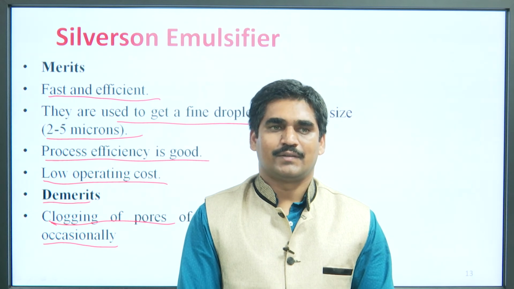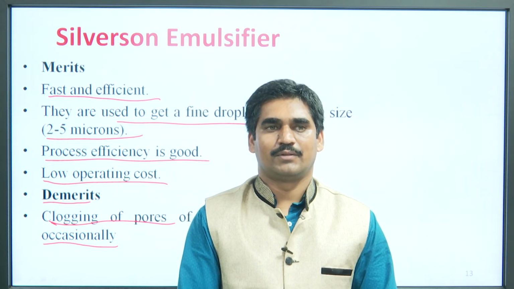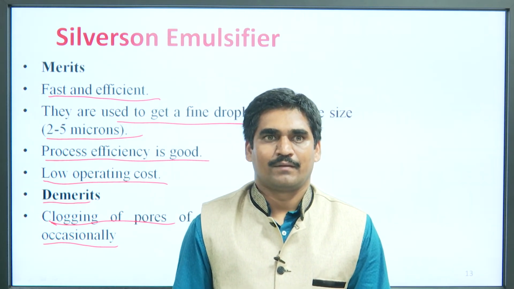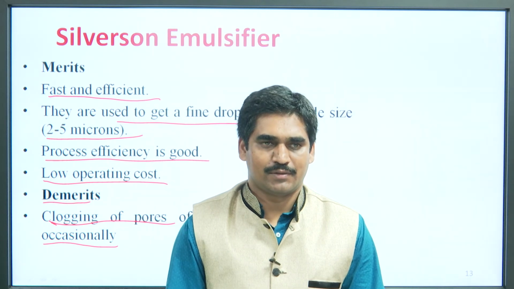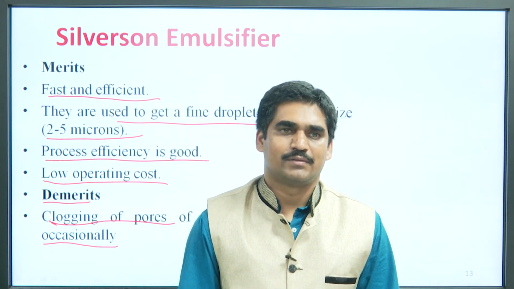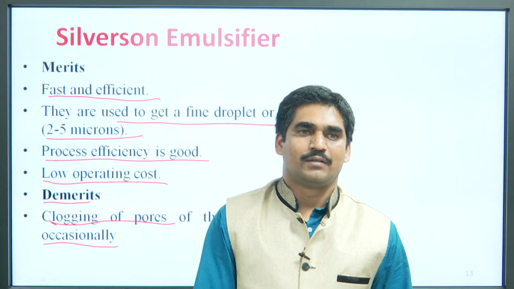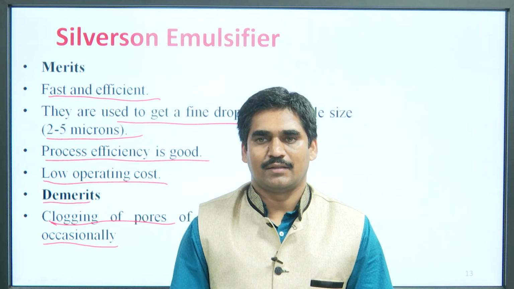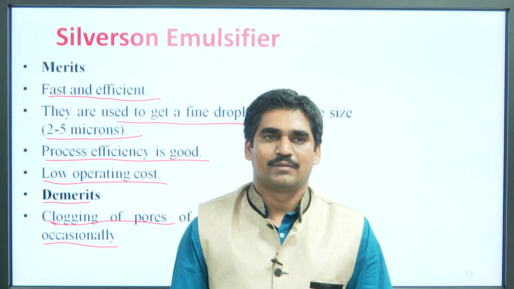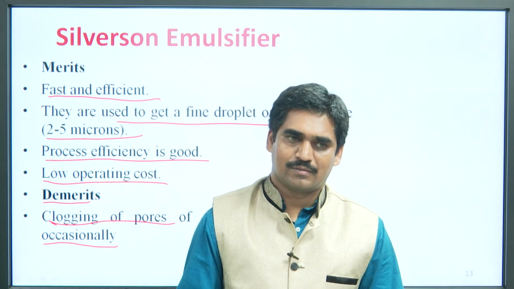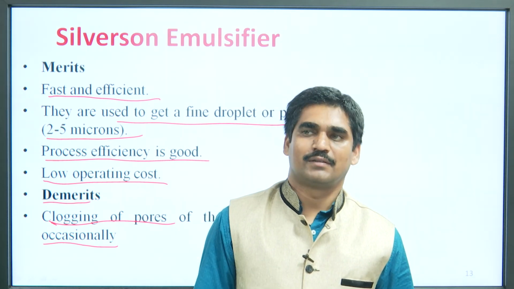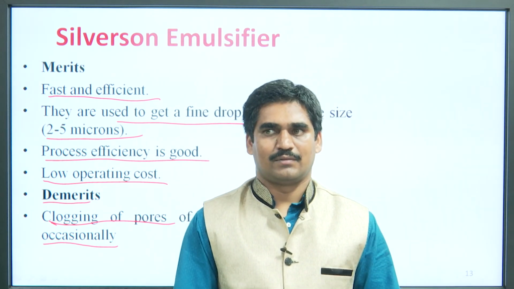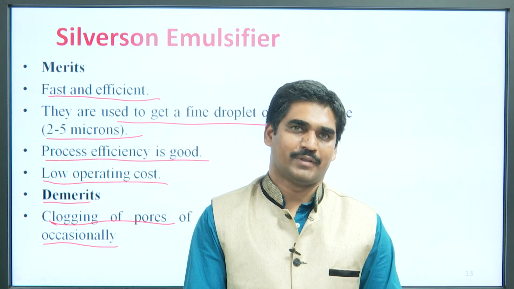So, in this lecture we have studied two different types of mixers. First one is the planetary mixer, second one is the Silverson emulsifier. In case of the planetary mixer, dry spots or dead spots are not present, whereas in ribbon mixers dead spots may appear.